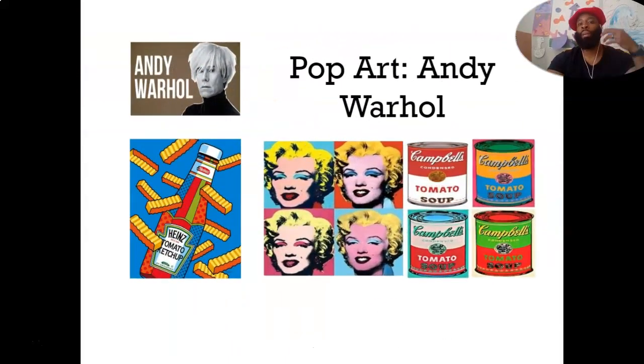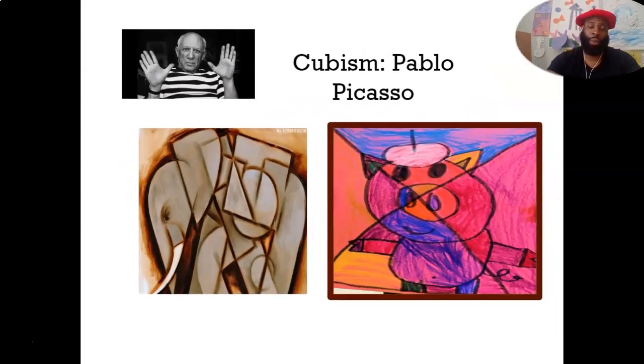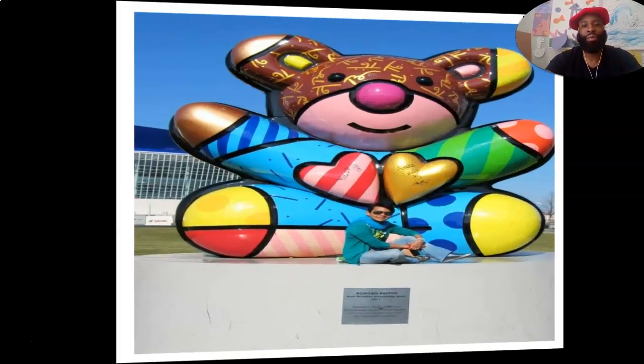Most often when people think of pop art, the first artist that usually comes to mind is Andy Warhol. And of course, when we think about cubism, the first artist that usually comes to mind is Pablo Picasso. And of course, he used shapes, patterns to create his abstract style of art.